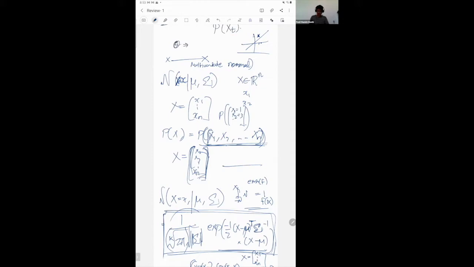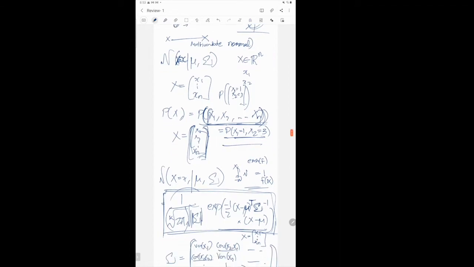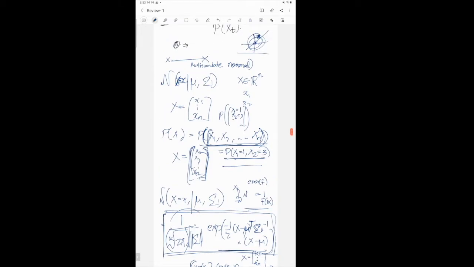This would give me the value of the PDF at this point, if you can assume a bowl-like structure here. So it's the probability of that data point, which you can also say is the probability that the x1 variable is 1 and the x2 variable is 3. So it's also a joint probability. We can say that this is the joint probability of all the univariate random variables to give the probability of the multivariate random variable. Yeah, correct.